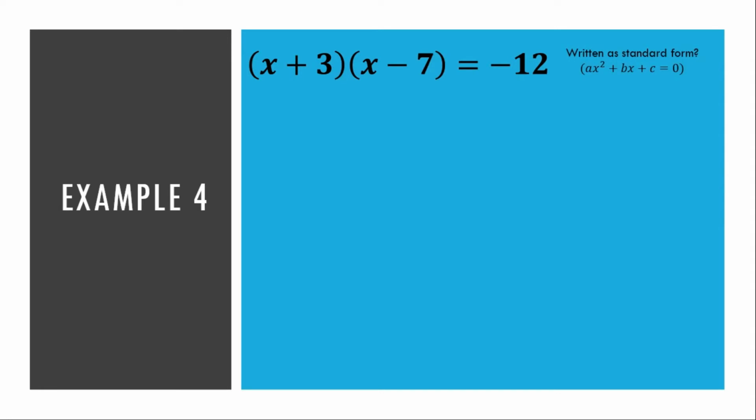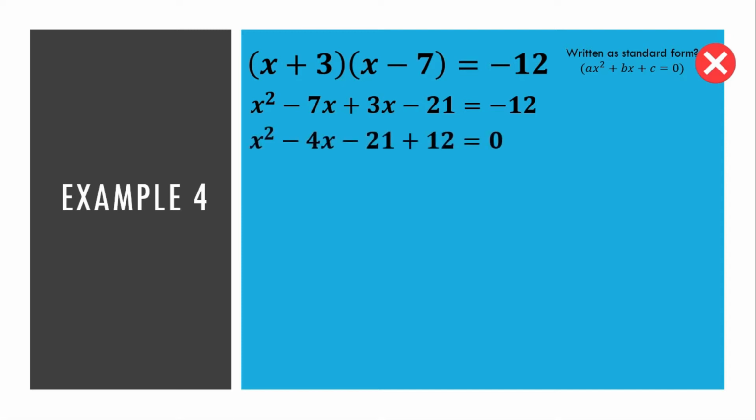Example number 4 tayo. X plus 3 times x minus 7 is equal kay negative 12. Is it written as standard form? Not yet. So, kailangan nating i-rewrite yan into standard form. So, FOIL method, x squared minus 7x plus 3x minus 21 is equal to negative 12.